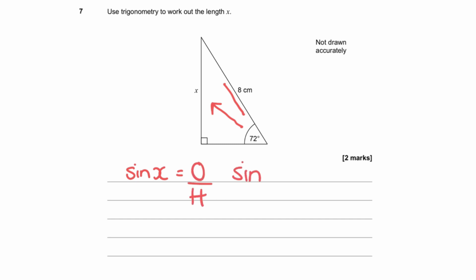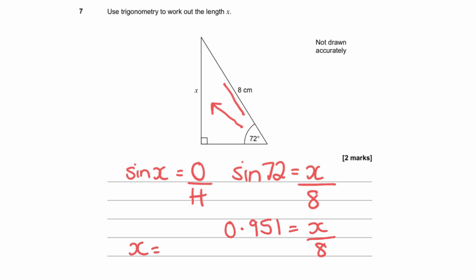So sine 72 is going to be equal to x divided by 8. So sine 72 on our calculator is 0.951, which is equal to x over 8. So times both sides by 8, we've got x equals 7.6 centimetres.